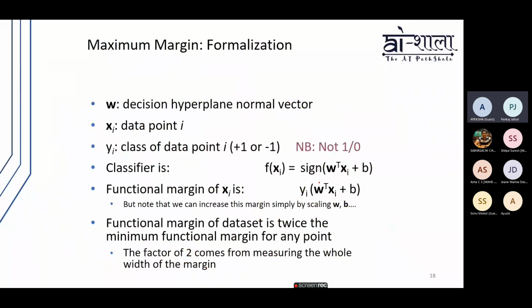Now let's start with the maximum margin formalization classifier. There are two types of margin. One is the functional margin. The functional margin of the data set is twice the minimum functional margin for any point. The 2 comes from twice. Why is this functional?